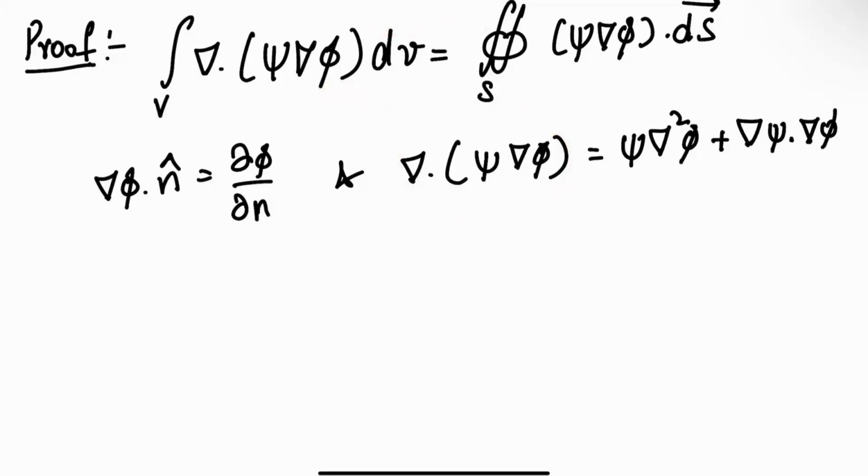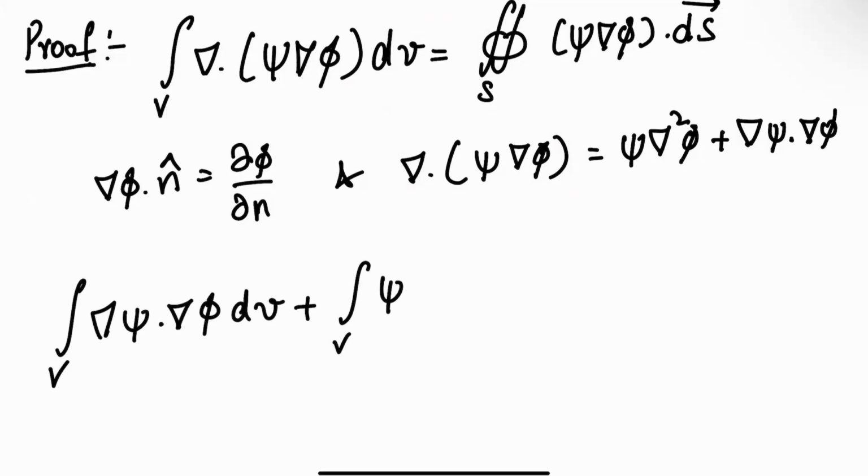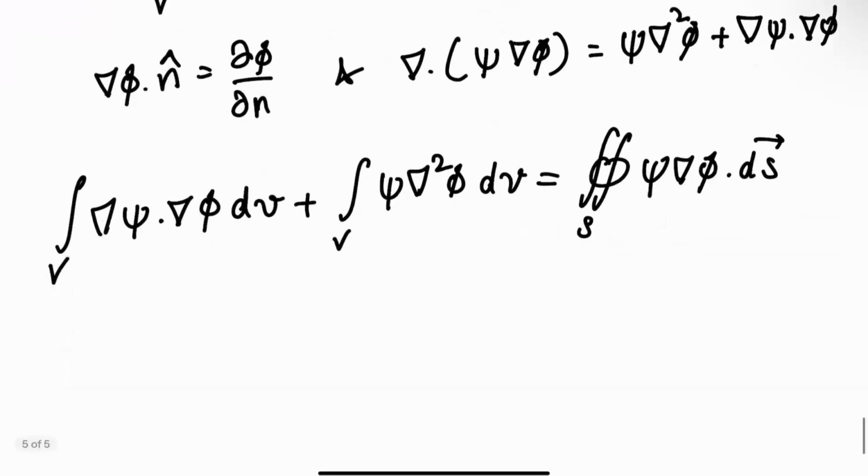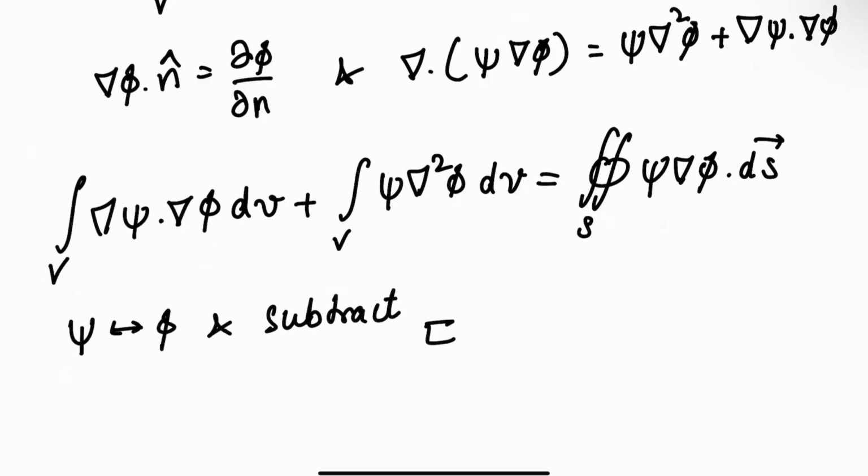So that gives us the volume integral of gradient phi dot gradient psi dV, plus the volume integral of psi times Laplacian of phi dV, equal to the closed surface integral of psi gradient of phi dot dS. Okay, and the rest of the proof is trivial. You swap psi and phi, and then you subtract. And that completes the proof.